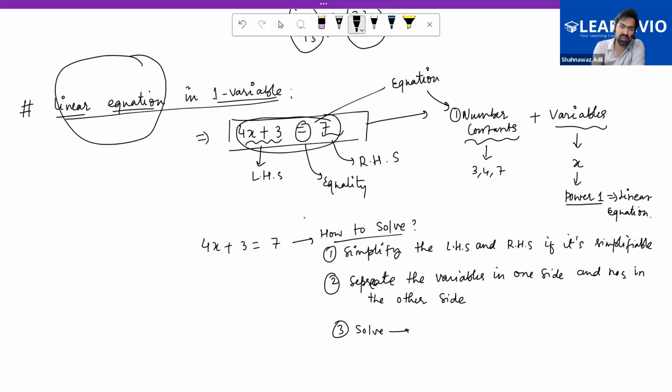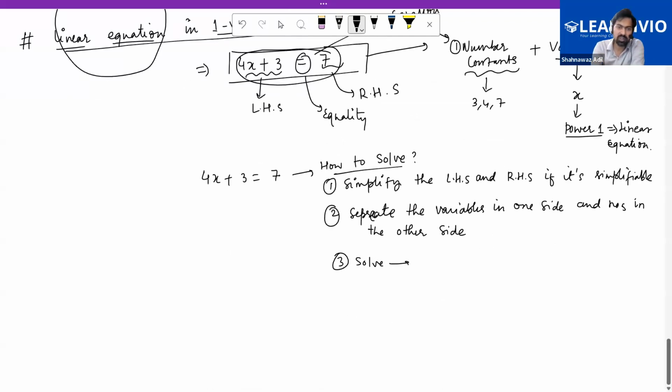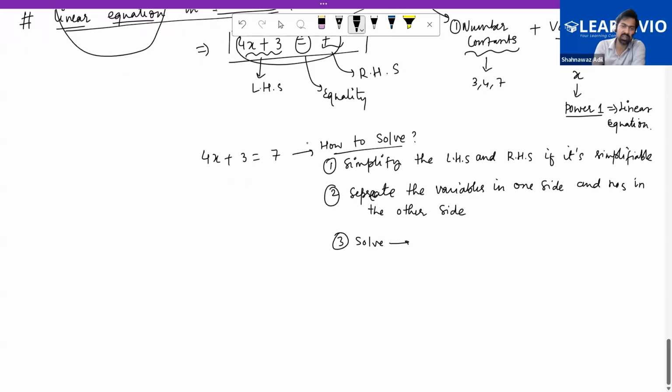So the first thing we do is that this cannot be simplified, so we just write this, and then we take the variable on one side and the numbers on the other. So 4x on one side, and these numbers on the other. We have to remember that the sign changes whenever we move from one side to another.